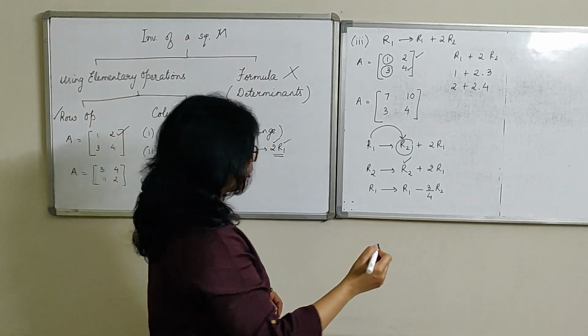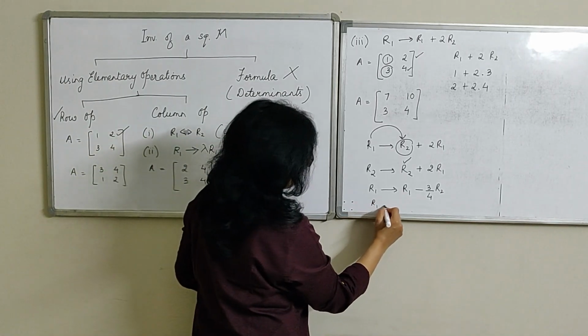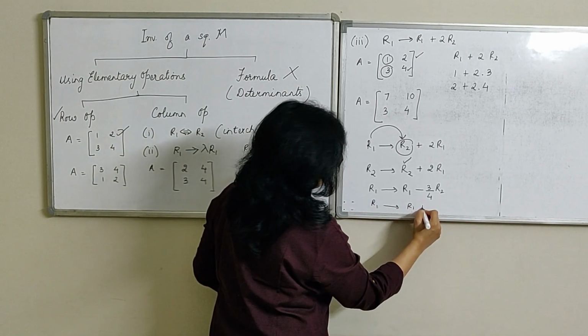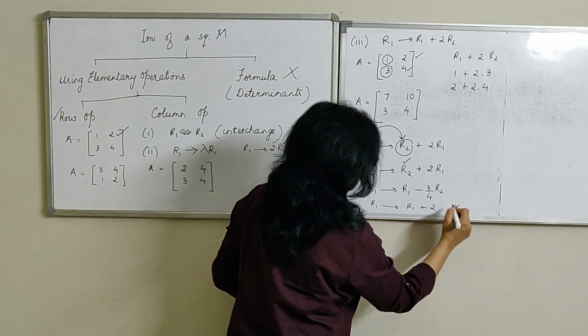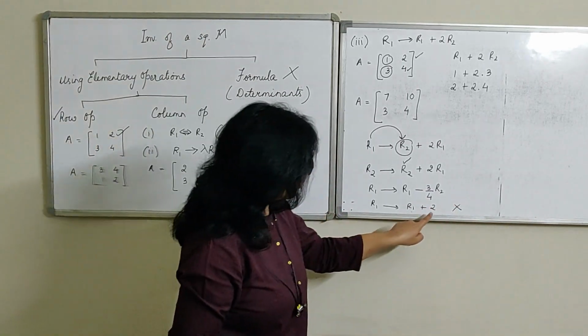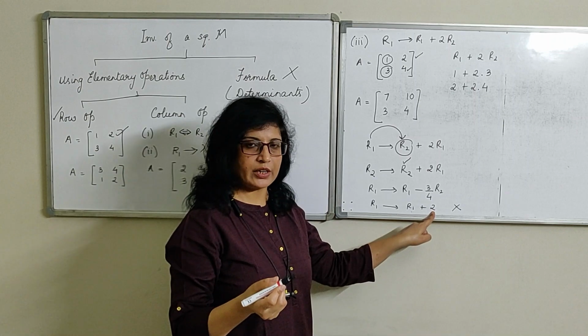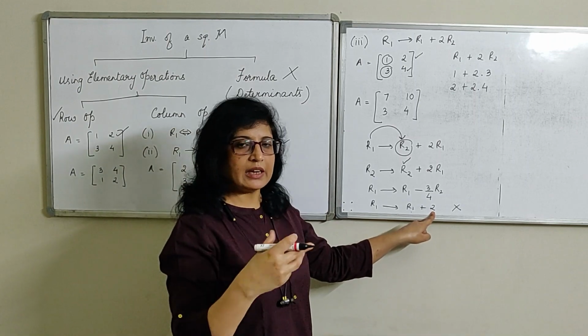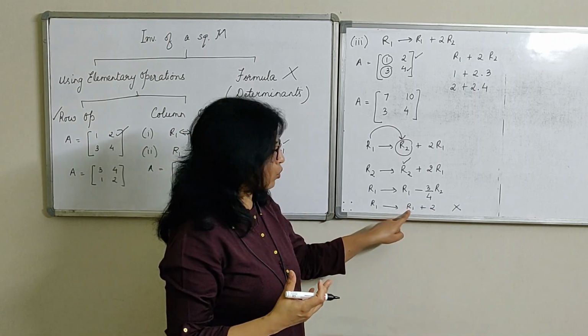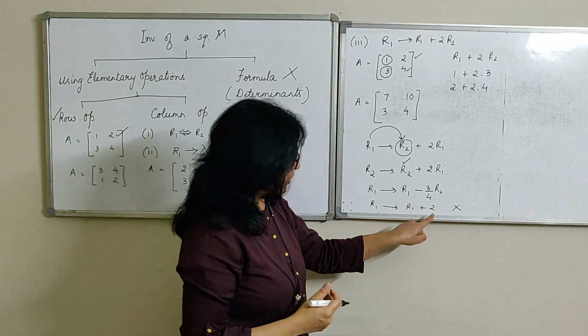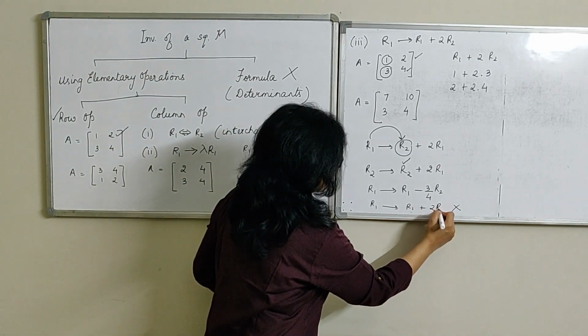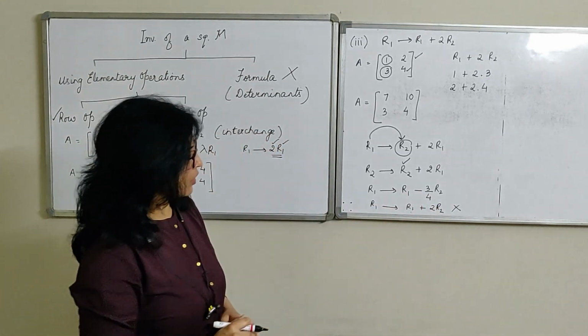An operation of the kind R1 is R1 plus 2 is not possible, because 2 is a scalar quantity. A scalar quantity directly cannot be added to a row. So here it has to be, say, twice of R2.